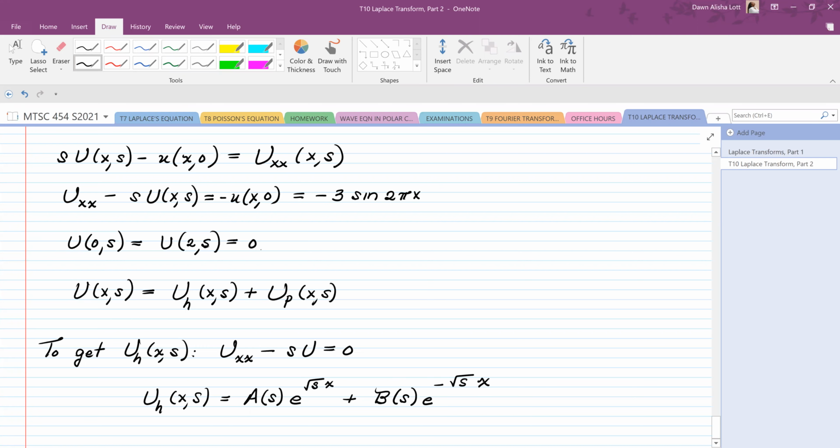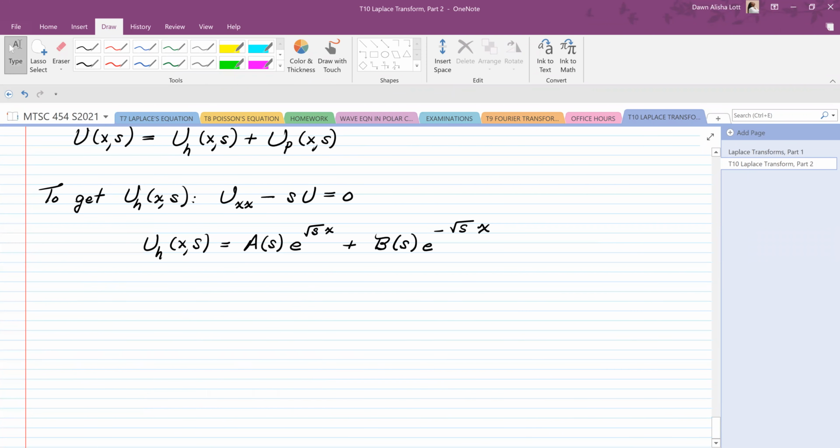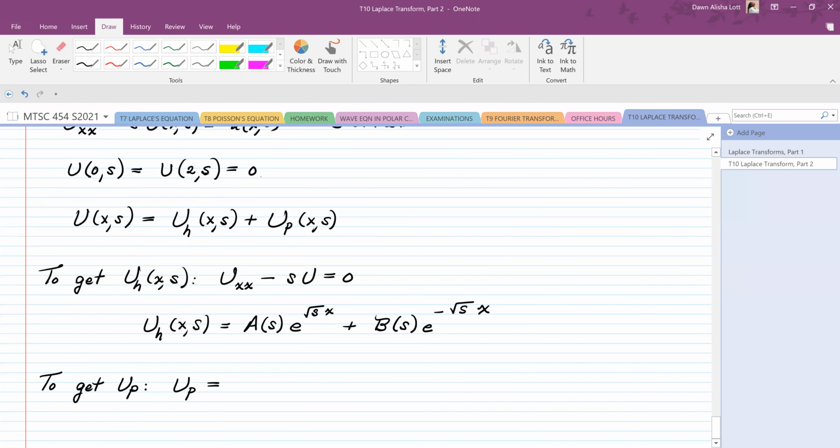Okay, so now we need to solve for the particular solution. So to get U particular, we assume U particular is equal to some form of this solution.